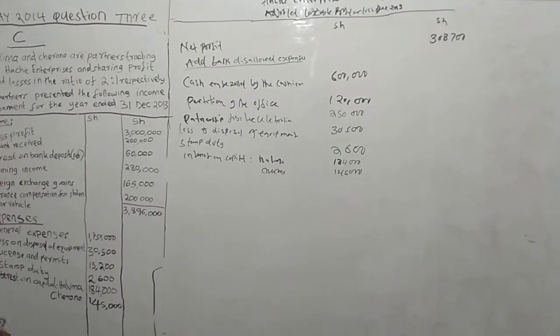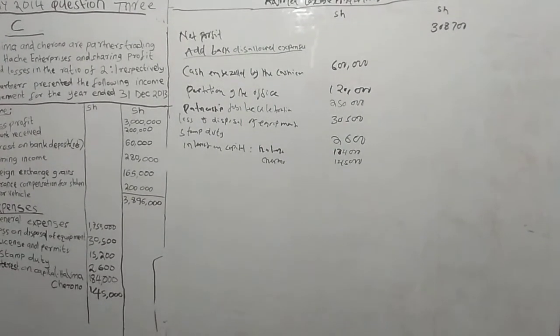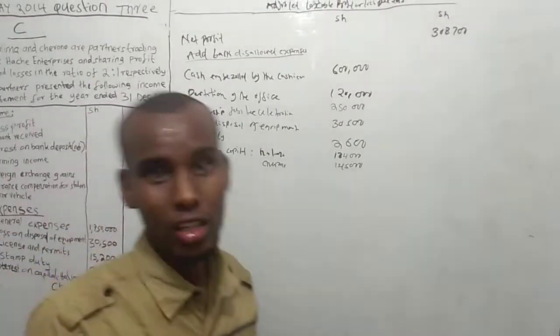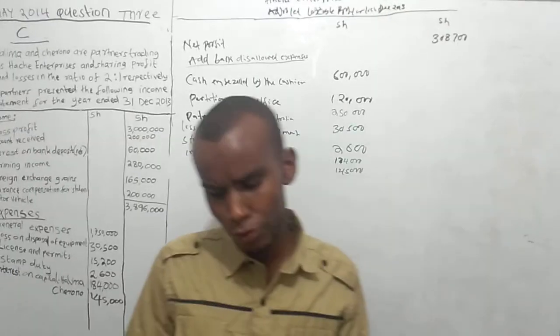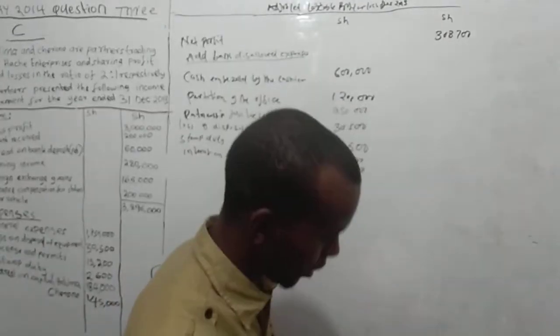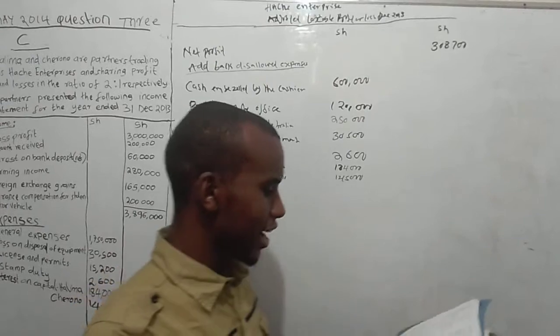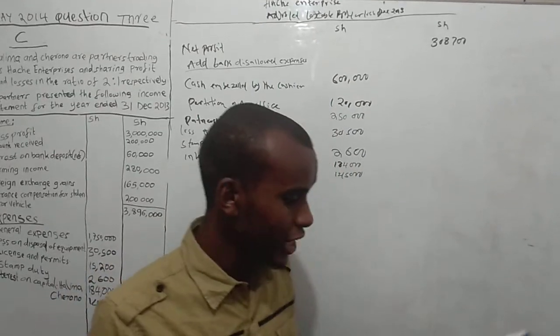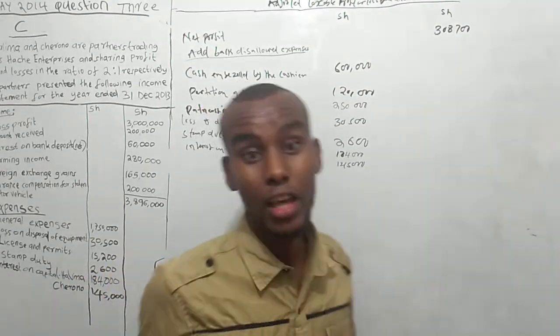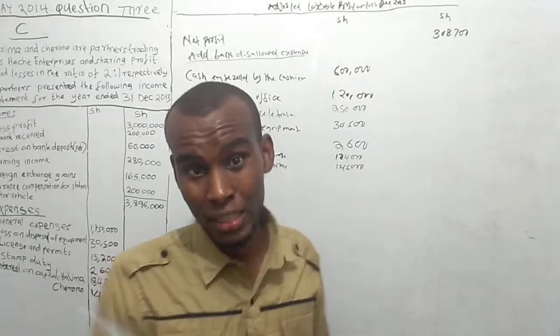After that, next expense is salary and wages. Salary and wages is 1,200,000. Remember, salary and wages is a normal expense. But if you look at the additional information number 1, we are told salary and wages include 420,000 and 630,000 paid to Halima and Sherono respectively. Remember, Halima and Sherono are partners.